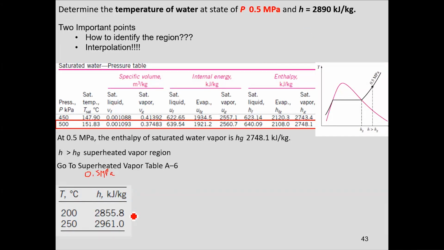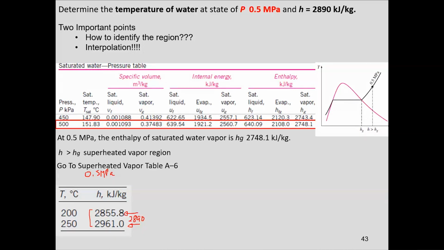That means 2855.8 is a value given in the table, 2961.0 is the value given in the table, and I have marked their corresponding temperatures, which are 200 degrees and 250 degrees. 2890 lies somewhere in between these two values, and the temperature for 2890 is not given. So I'll have to linearly interpolate. Interpolate means you have to take the average to find the temperature value corresponding to 2890.